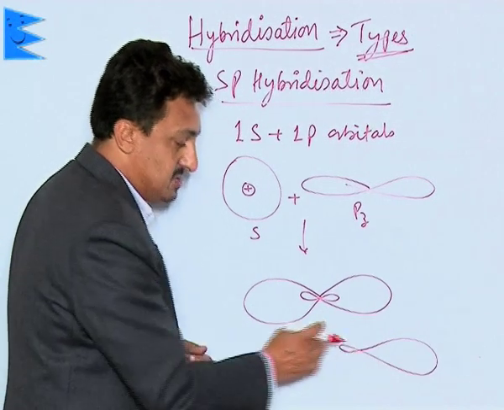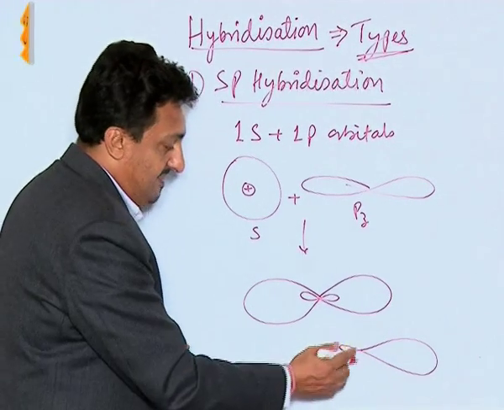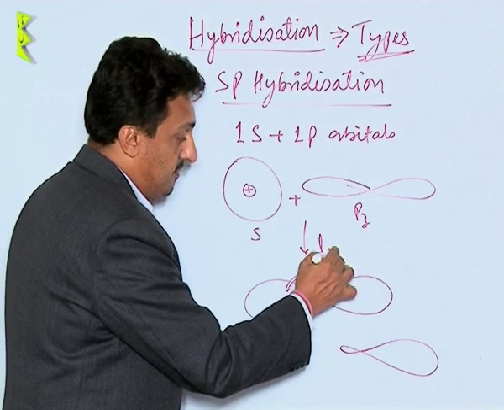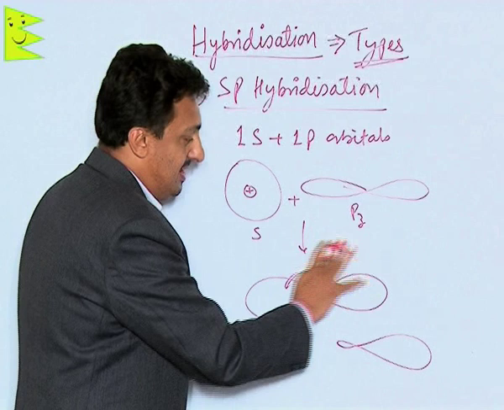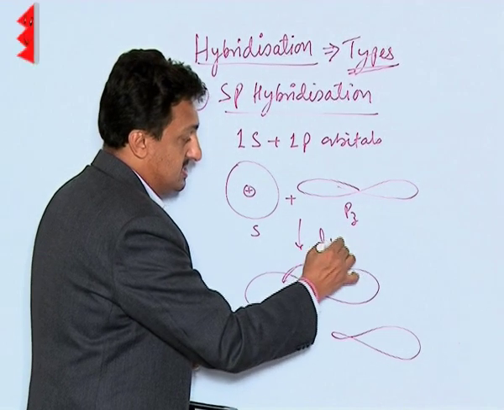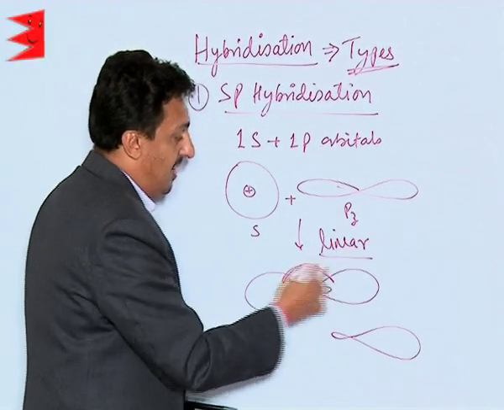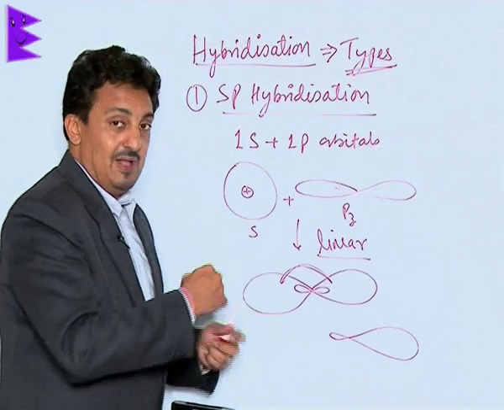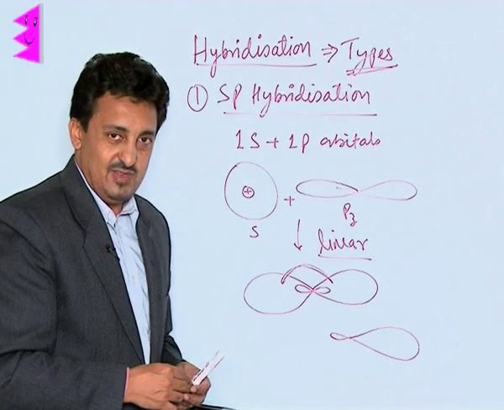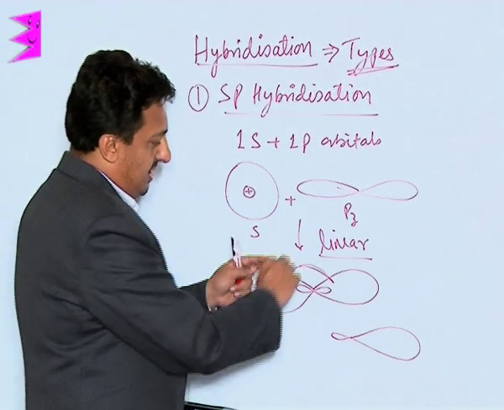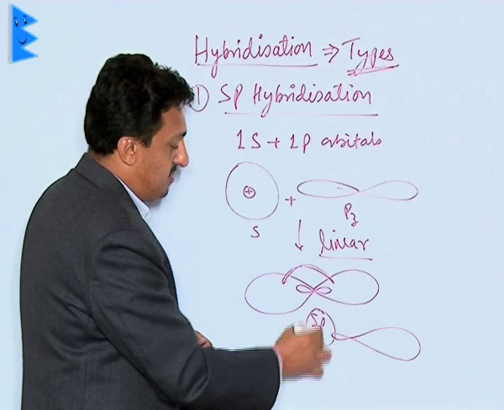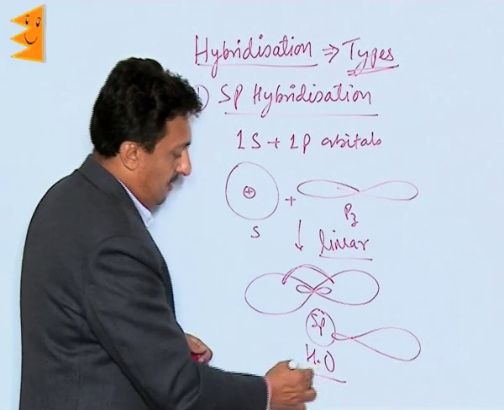One is bigger, the other is smaller, and they are arranged in a linear shape. Why? Because this is the only arrangement in which they have minimum repulsion between their bonded pairs of electrons. This is the shape of the sp hybrid orbital.